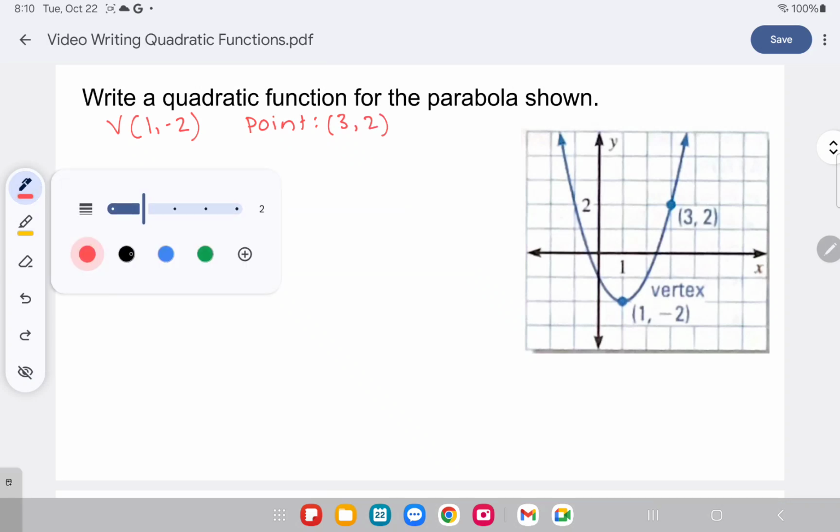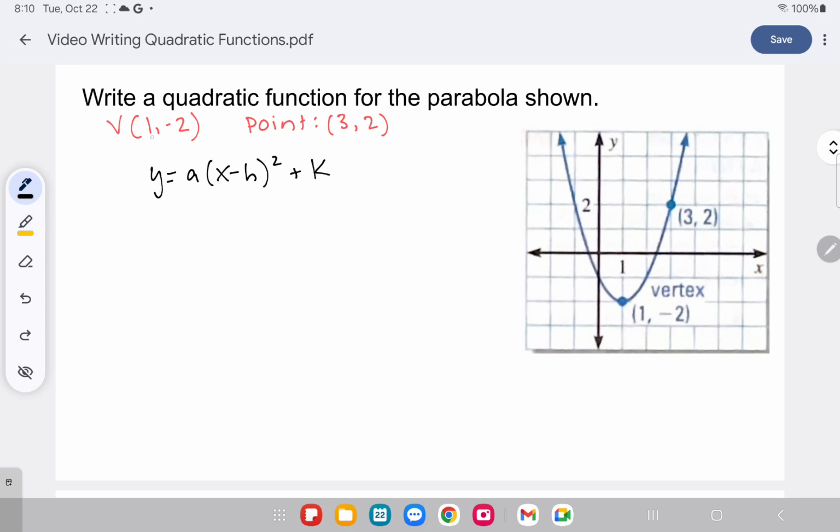So vertex form is y equals a times (x minus h) squared plus k, where the h and the k, that's your vertex. So our h in this case is 1 and our k is -2. So when we're plugging in the vertex, we have (x minus 1) squared plus -2, or just minus 2.